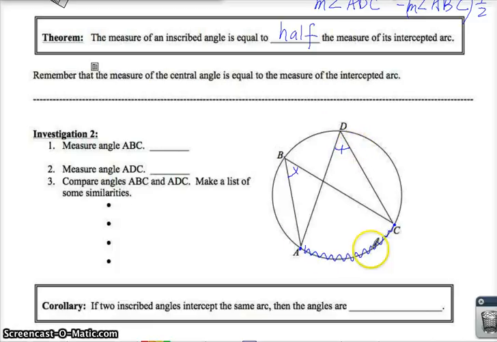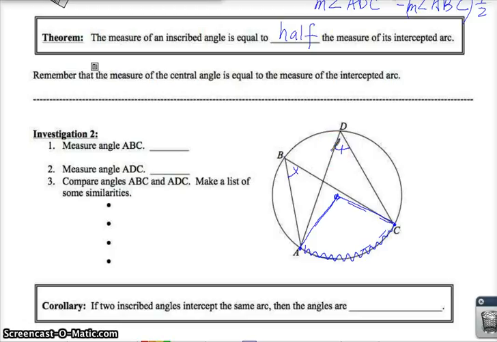And remember, the arc measure is the same as the central angle. If we made the center of the circle, this would be the central angle, and then these two inscribed angles would be half of that measure. So if they open to the same arc, they have to be the same angle measure.